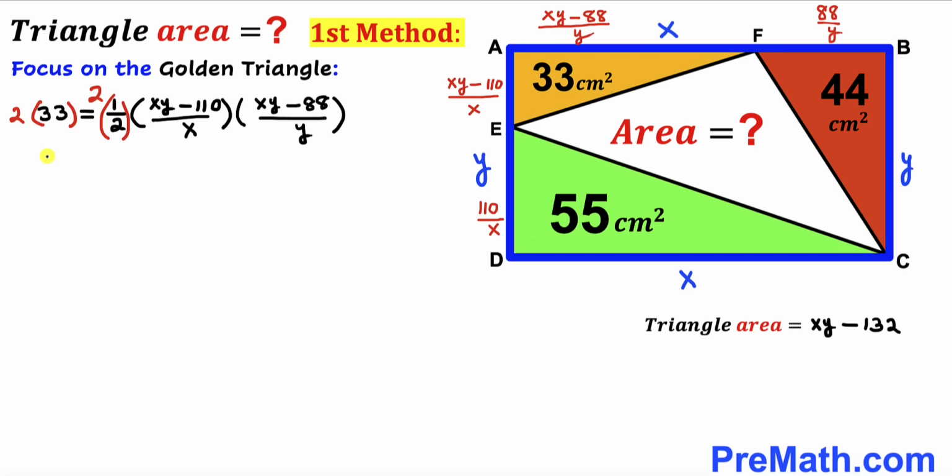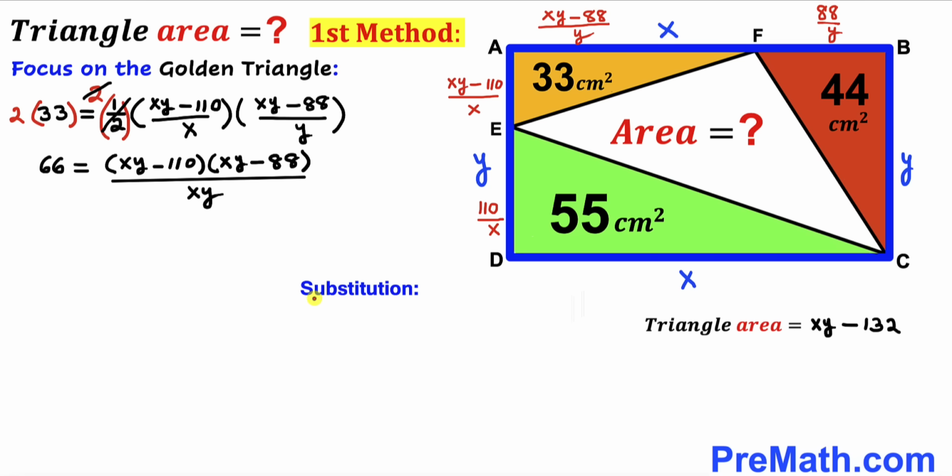So therefore on the left hand side we get 66 equals 2 and 1 divided by 2, they are gone. So we end up with x y minus 110 times x times y minus 88 all over x times y at the denominator.